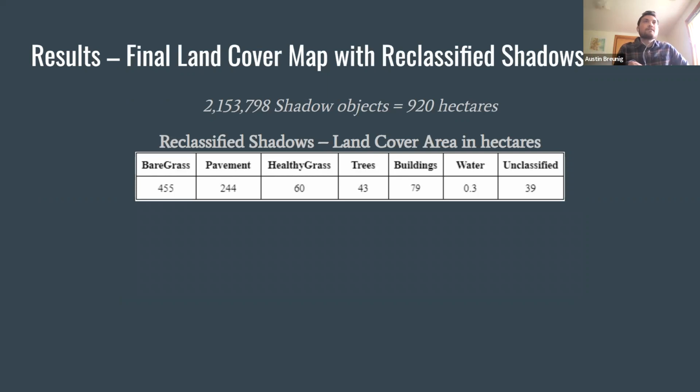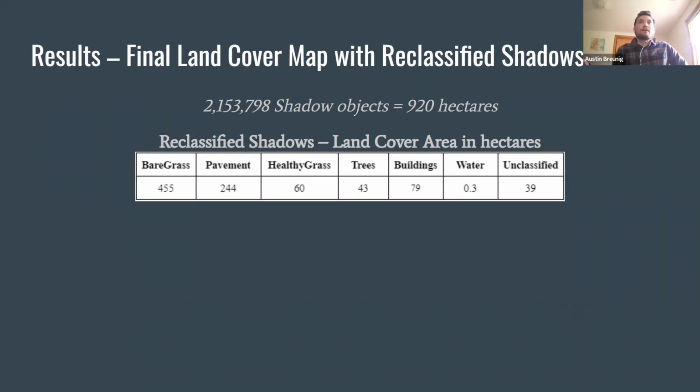Okay, so now that I did my sample set, I tested the correlation test. I implemented the correlation test for the entire Nate tile, which, remember, includes all of the resegmented shadow objects, which equates to about 920 hectares. And here's the breakdown of the results. So this is the land cover area in hectares. The vast majority was bare grass and pavement.